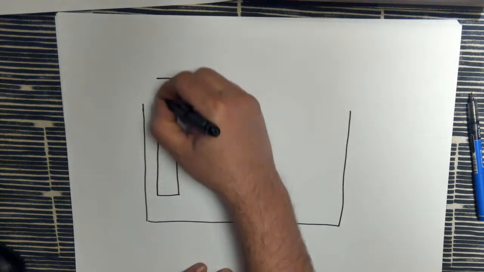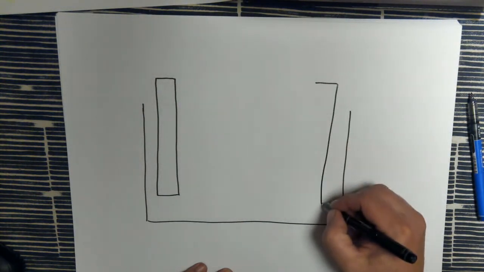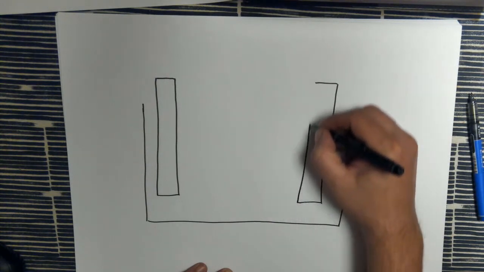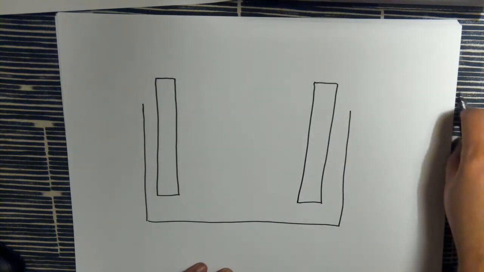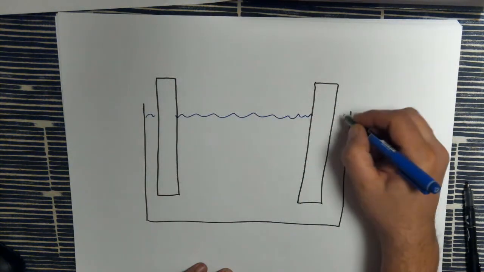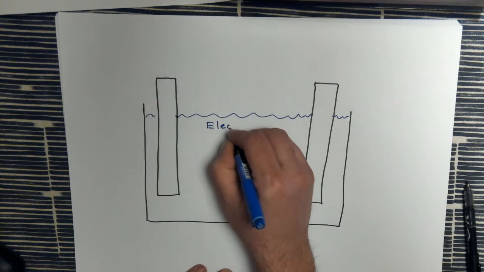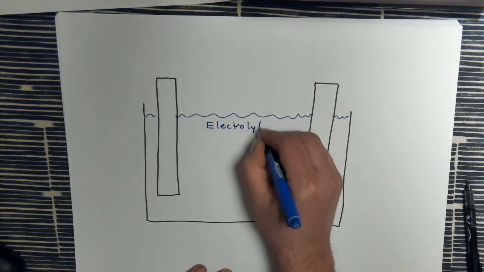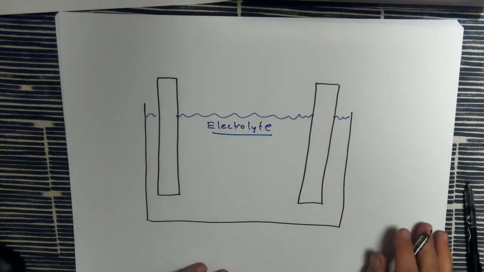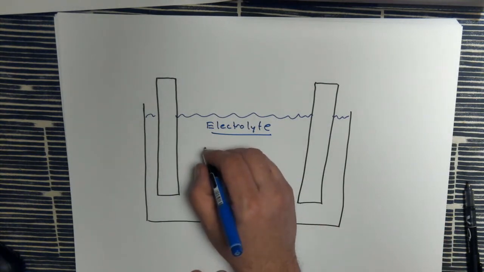So here we have two pieces of metal that have been submerged in an electrolyte. Right? And the electrolyte is usually an ionic solution.